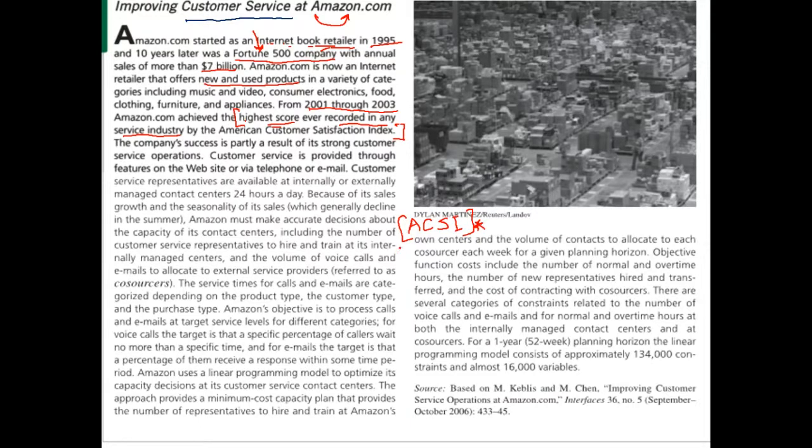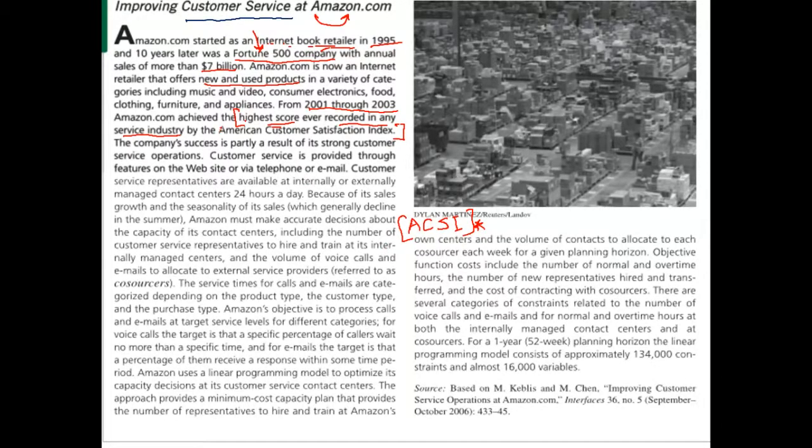This rating system, the American Customer Satisfaction Index, gave the highest score to Amazon.com, which is a very new company, isn't it?